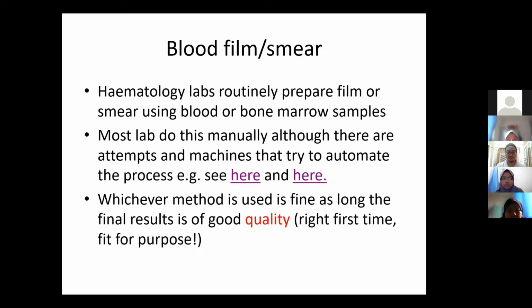So the point is, when you get into the lab, try to master the manual technique so that even if you happen to work somewhere which is very disadvantaged, in the interior for example, or you try to work in Africa, Papua New Guinea, you don't have a problem.